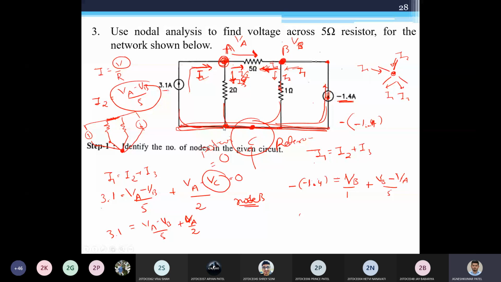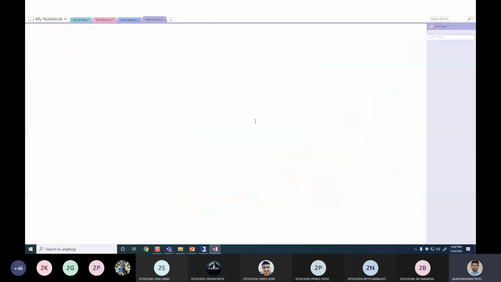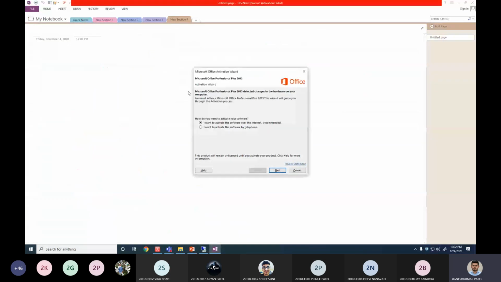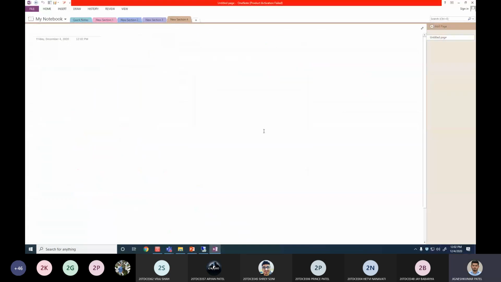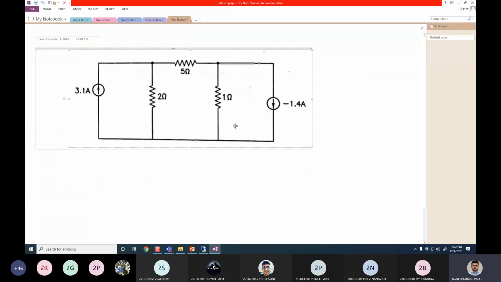But here you have to apply nodal analysis at this point, and you have to take care, there will not be just 3 currents. For an example, let me show it here. What you have to keep in mind, see, this is my example.